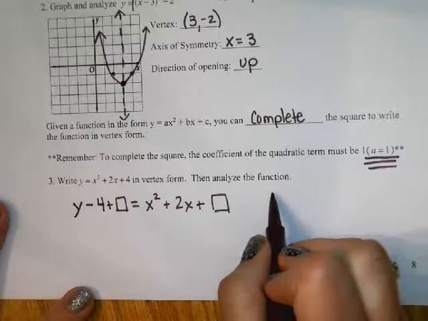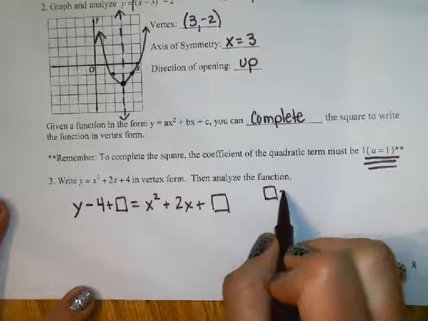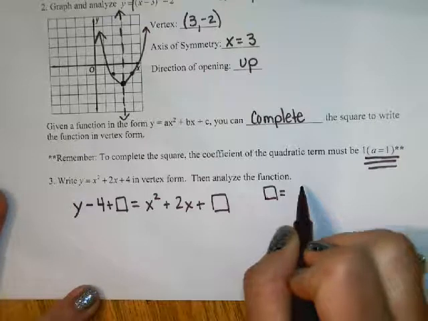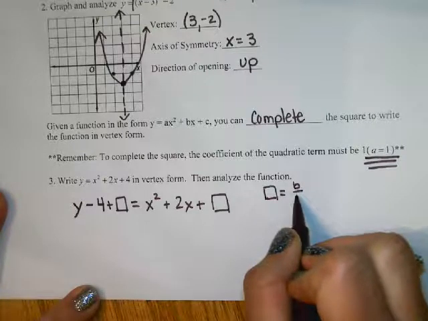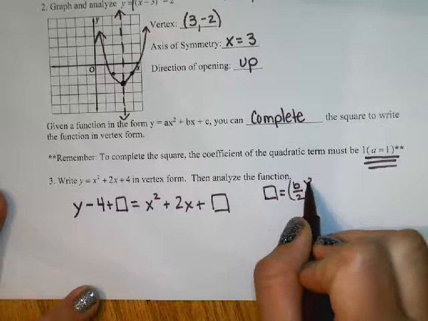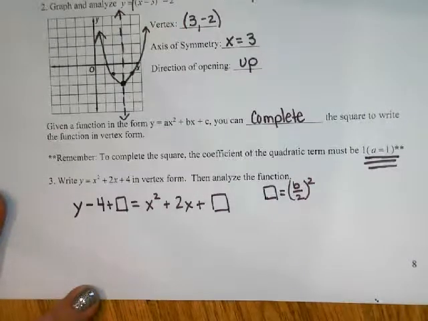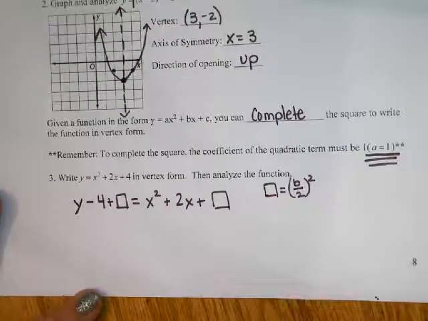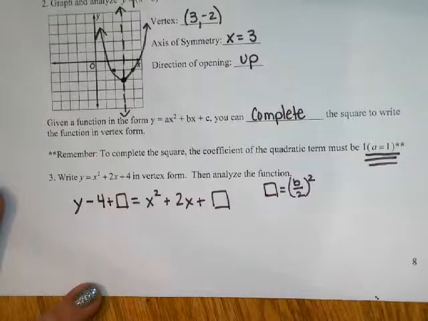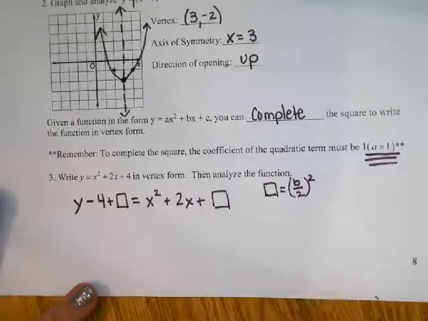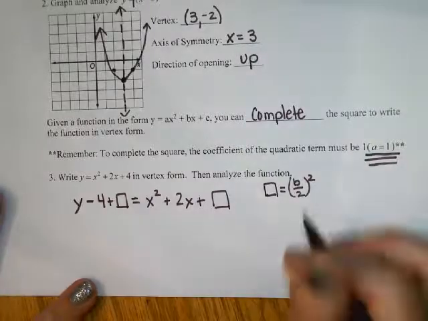All right. Remember the formula for the box is b divided by 2 and then squared. So what's my b? 2. Thank you, Sasha.